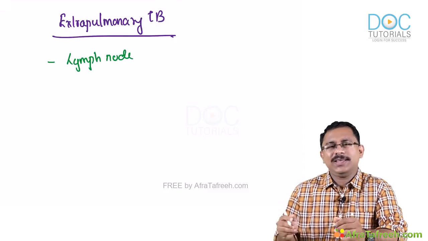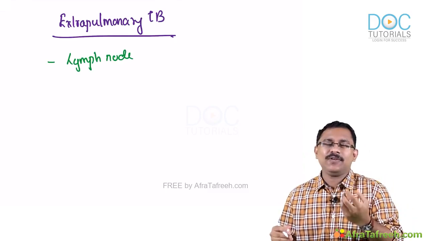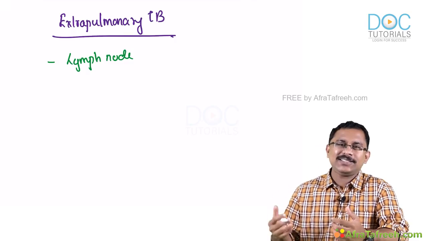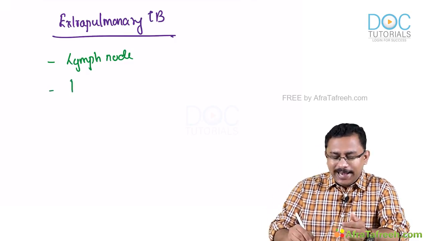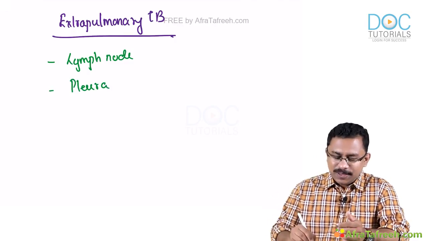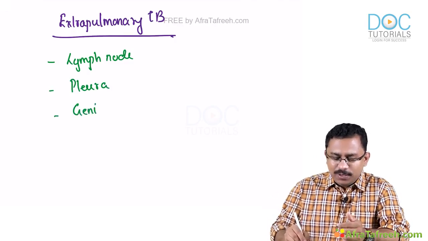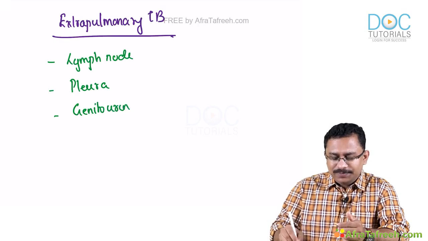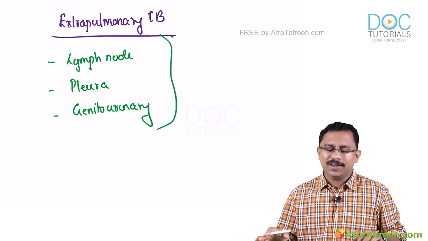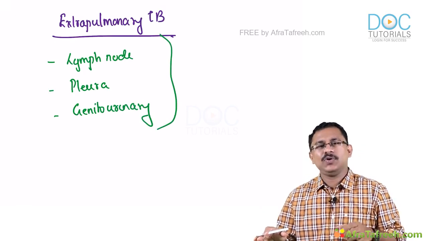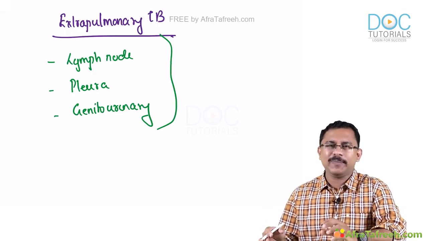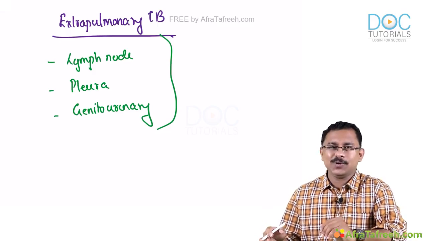So lymphadenopathy, especially your cervical lymphadenopathy, is the commonest extrapulmonary manifestation of tuberculosis. You can have a pleura involvement resulting in a pleural effusion. You can have genitourinary tract involvement as well. Okay, so again, these are the common sites of extrapulmonary tuberculosis. You can have your skin also being affected. So lots of extrapulmonary sites are there for tuberculosis.